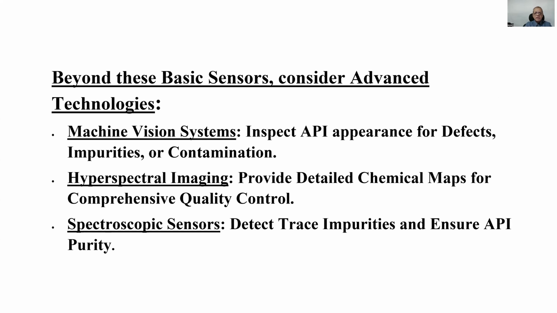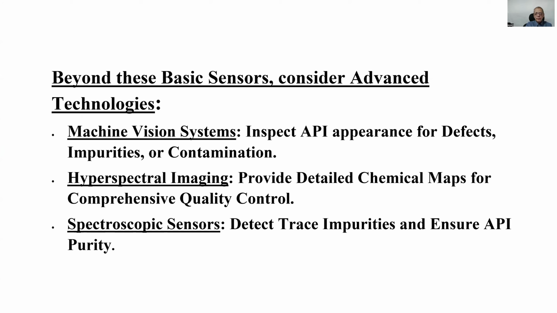Beyond this, there may be some more sensors which can be considered when we are thinking about going for smart manufacturing and the adoption of advanced technologies. There are now machine vision systems, which look at the product and detect defects, impurities and contaminations during storage and transport.